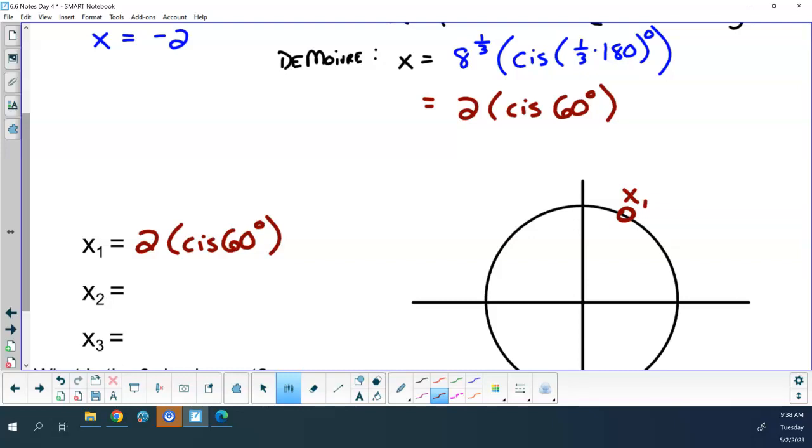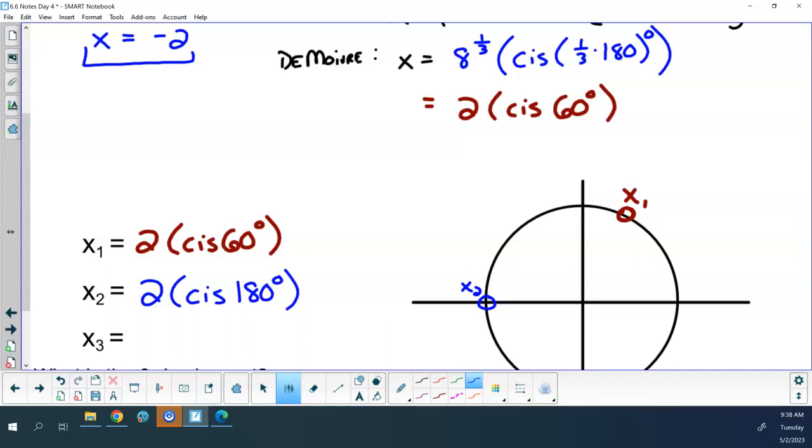Now, you guys found this one before, when we were doing that one before, that would be right there. In terms of trig form, that would be 2 cis of 180 degrees.